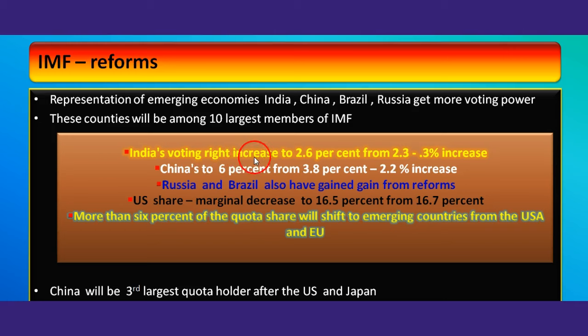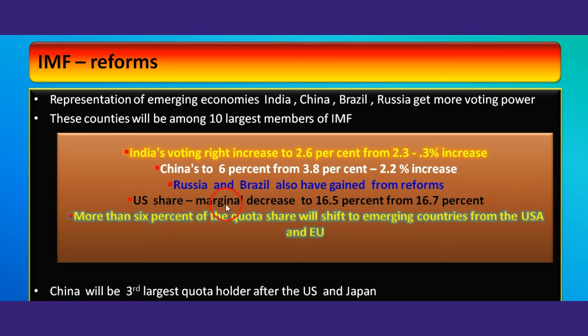India's voting right increased to 2.6% from 2.3%, that is a 0.3% increase. China's voting right increased to 6% from 3.8%, that is a 2.2% increase. Russia and Brazil also have gained from the reforms.